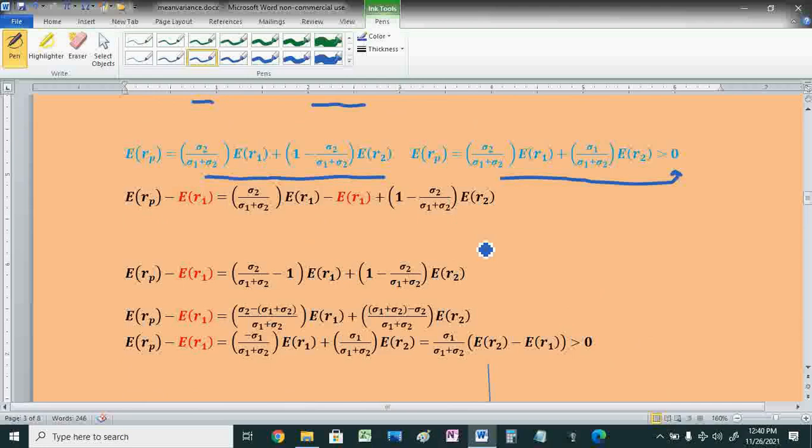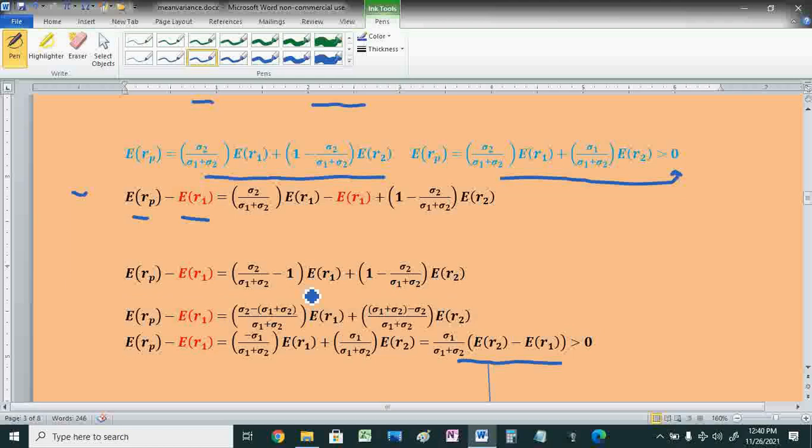What I have done here is that from the equation of ERP I have subtracted ER1, and when I do that and simplify it, I get this end result, and this is like saying that this is greater than 0, which indicates that the expected return on portfolio is greater than expected return on security 1 when sigma p is equal to 0, or when I am using S1 equal to sigma 2 divided by sigma 1 plus sigma 2.